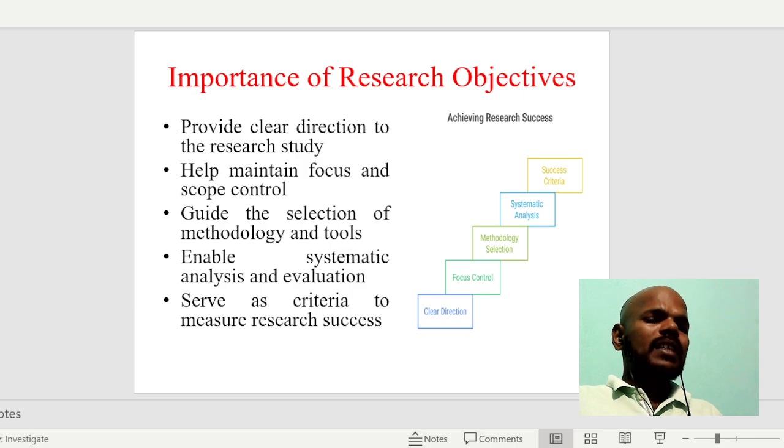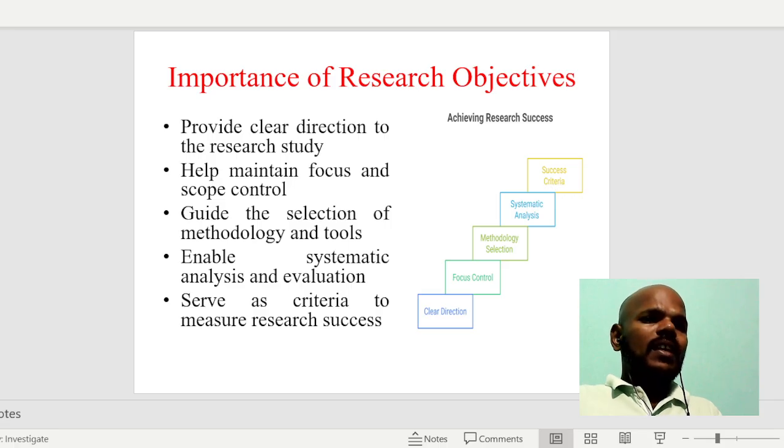It will give you an idea to stay within your scope. It will give you focus, and you should stay controlled within your research. You should not go beyond your scope.